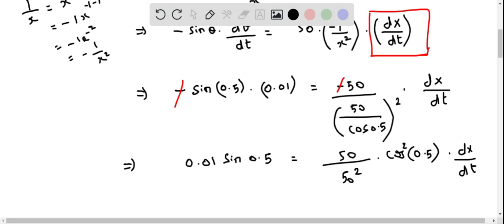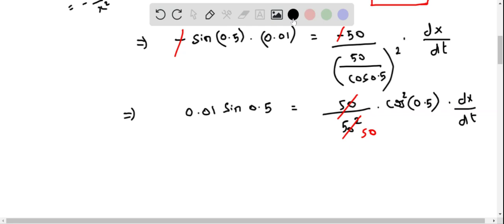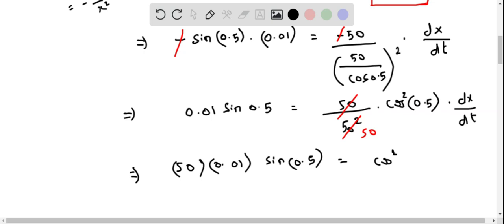This can further be simplified. I can cancel this 50 and 50 squared as 1 over 50. So this is basically 1 by 50, and then we can multiply by 50. So therefore this is equal to 50 times 0.01 times sine of 0.5 equals cos squared 0.5 times dx by dt.